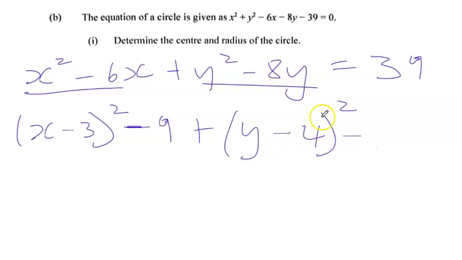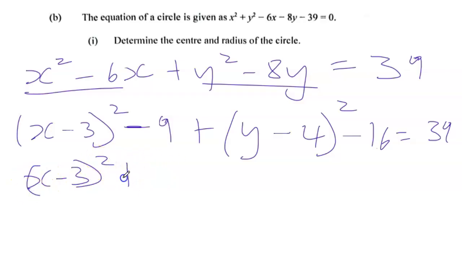So always minus the square of 4, that's 16, equal to 39. And we bring all the constants on the one side, so we end up with x minus 3 all squared plus y minus 4 all squared equal to 39 plus 9 plus 16.